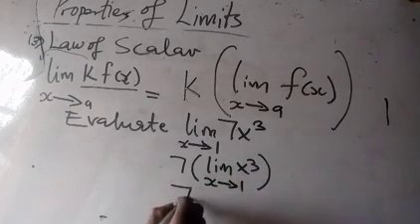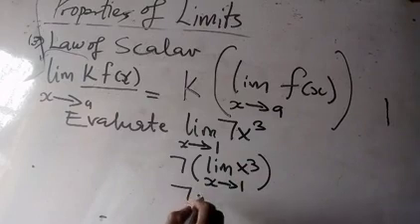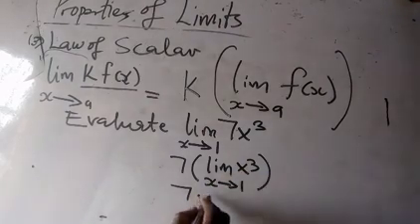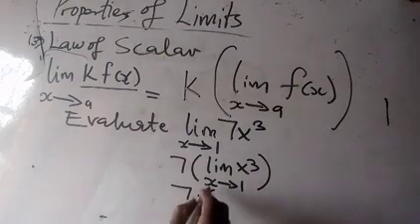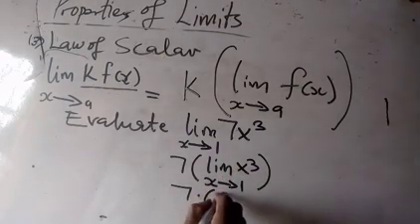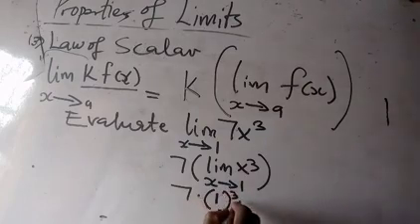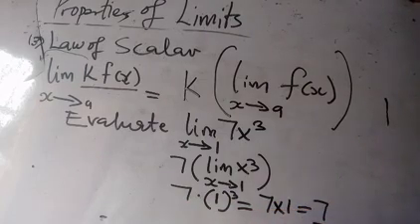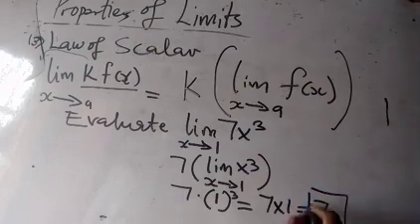So 7 into x, this x is substituted, which is 1 raised to power 3, and it now gives us 7 multiplied by 1, and the answer is 7. The final answer is 7.